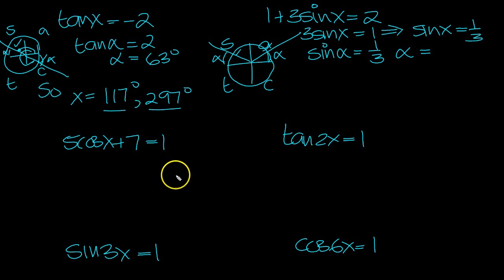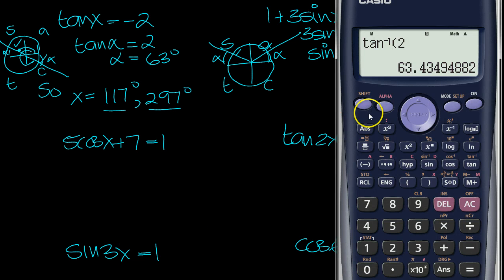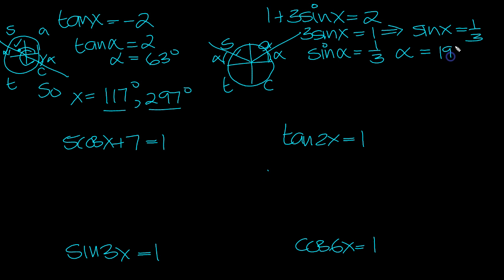So alpha is equal to shift sine of 1 divided by 3. 19.47, so that's 19 degrees, isn't it? Almost halfway, which is slightly problematic when we do rounding, but hopefully we'll be okay. So x then is round to here, 19 degrees. And then the next one is round to here, isn't it? And that's 180 back 19, which is 161 degrees.